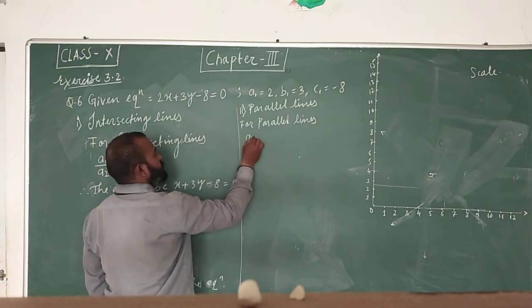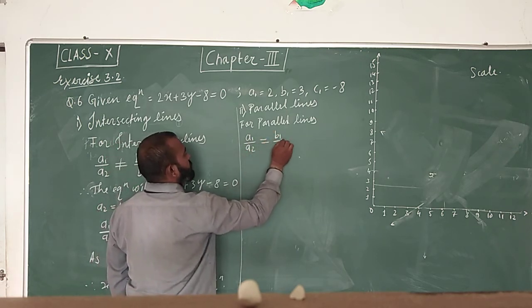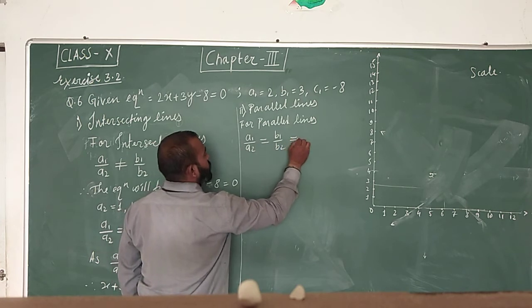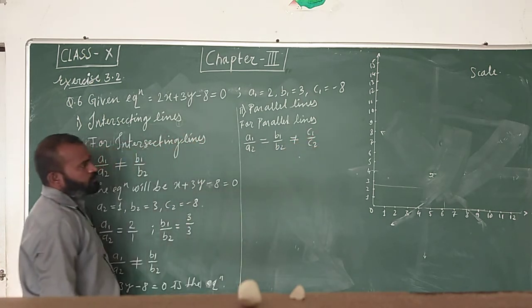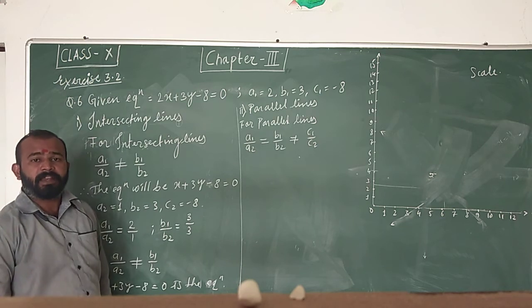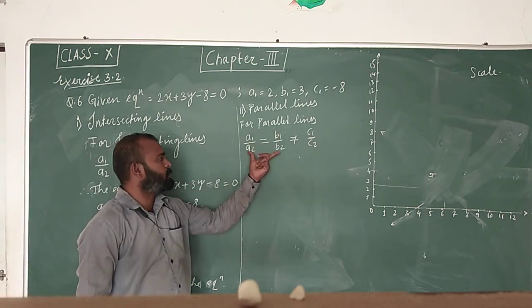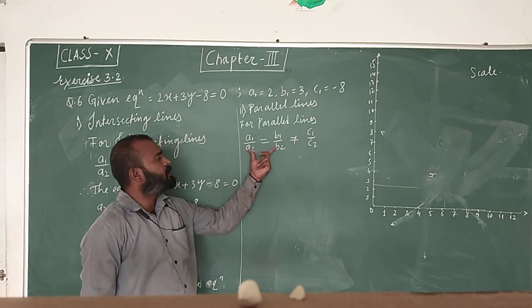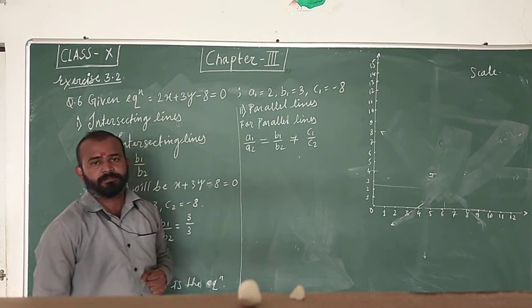That a1 upon a2 equals b1 upon b2 but not equal to c1 upon c2. This is the condition for parallel lines. a1 upon a2 और b1 upon b2 ये दोनों इक्वल चाहिए और वो c1 और c2 को इक्वल नहीं चाहिए.